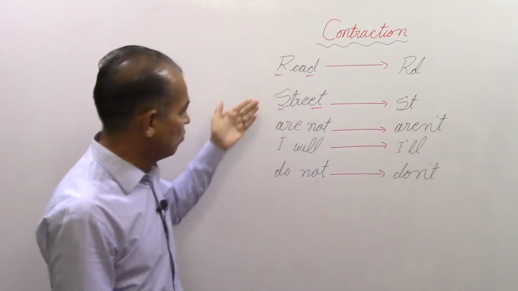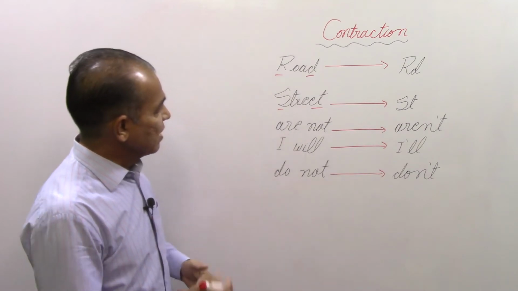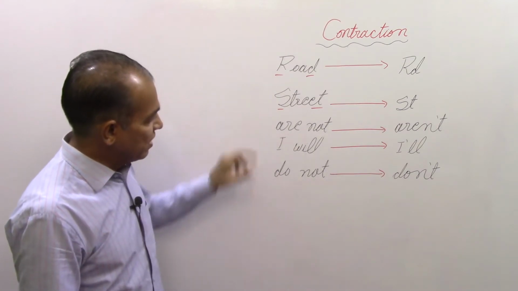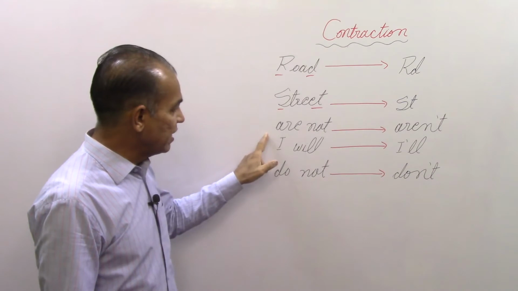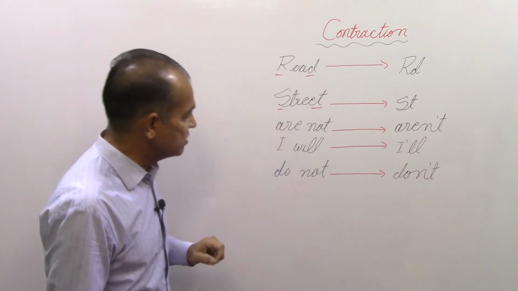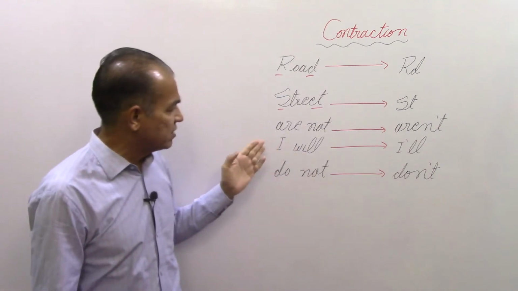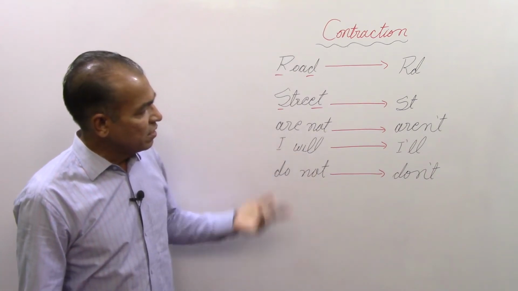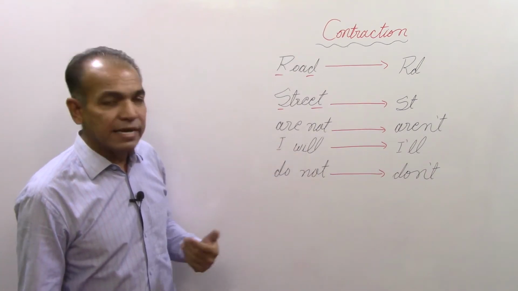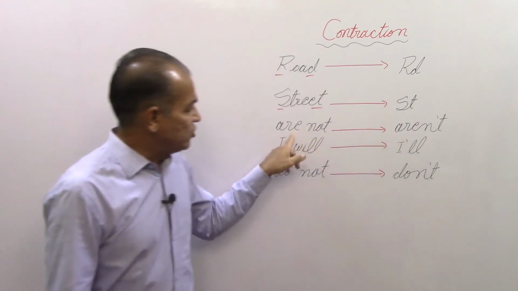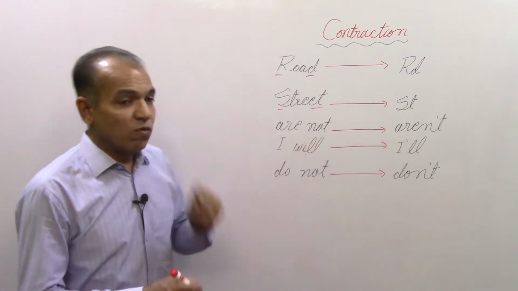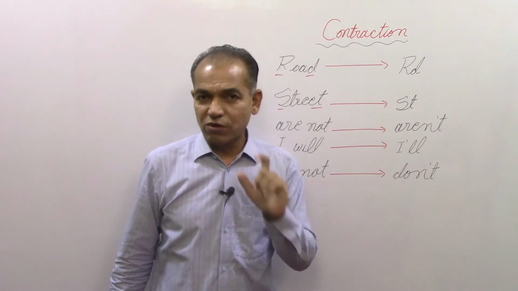Okay, in the same way, these are two single-word examples of how we change a word into a contraction. And now we have here a group of words. Here we have two words, are and not. We want to change these words into a contraction. These are very common words and I hope that you have used them in your daily English. We change are not into a contraction. So now what is the rule for a contraction?